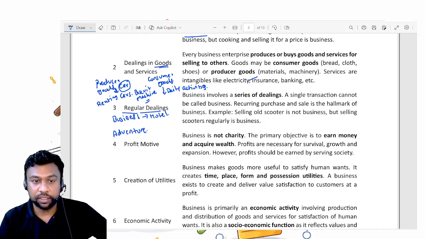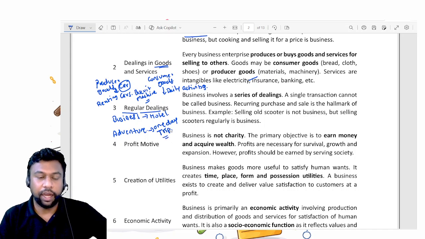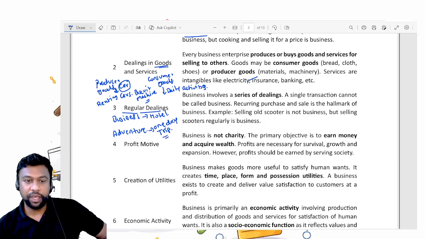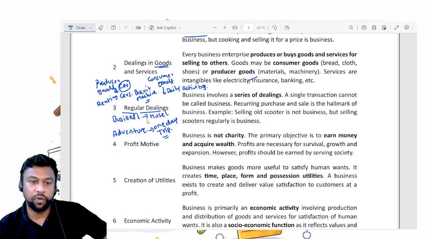Adventure is something, see, you have arranged let us say a 1 day trip, and out of hobby you are doing this only once in a year. For all this management, for all this activity, you are charging money as well from the people who are joining your adventure trip.